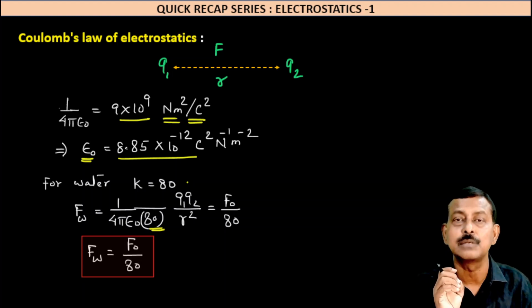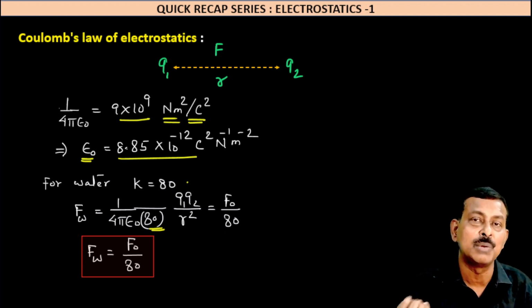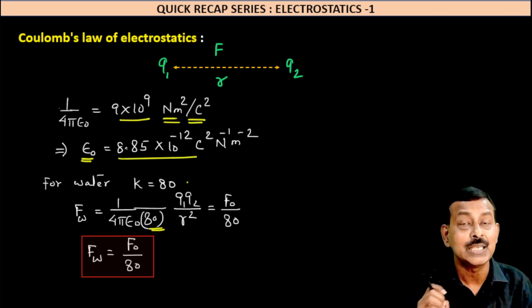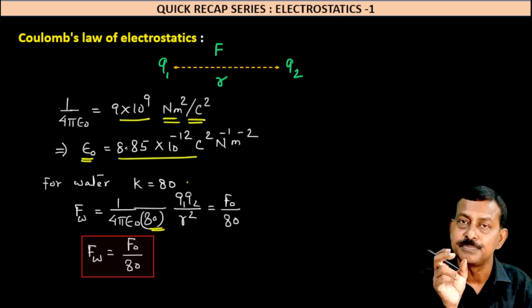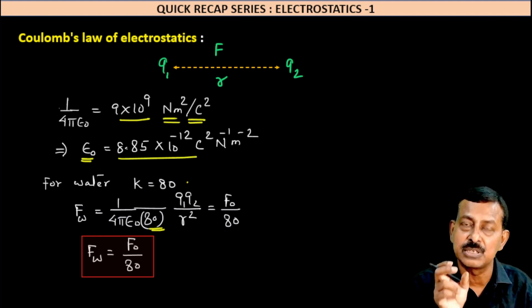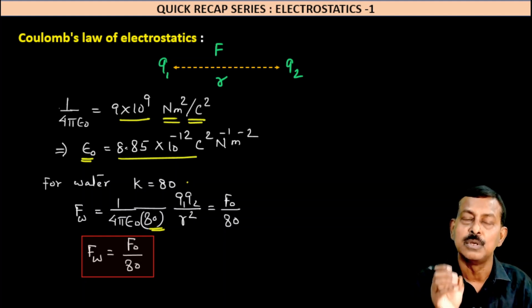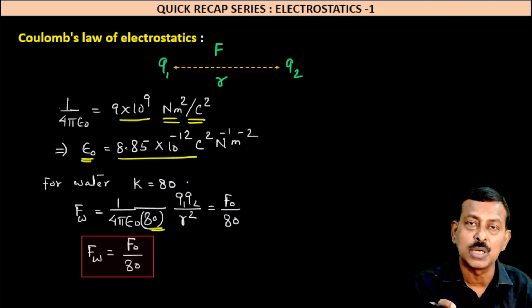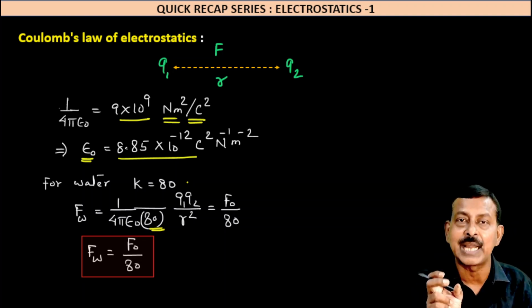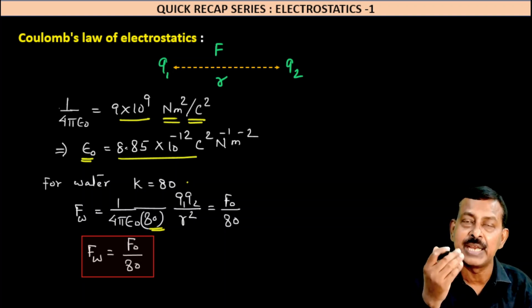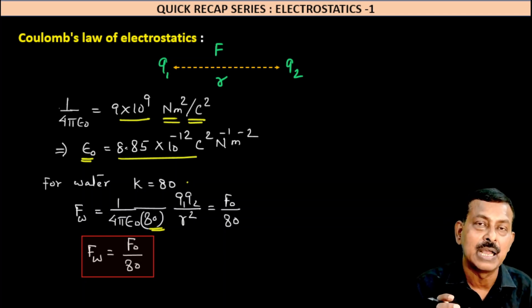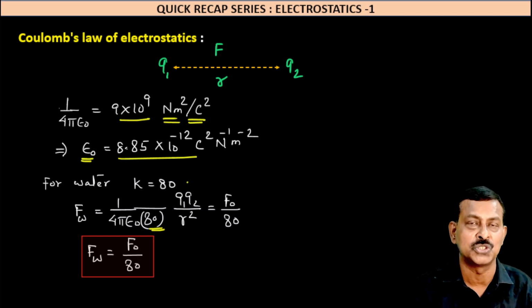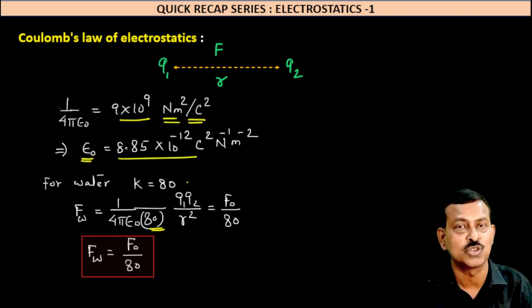Another thing is that electrovalent compounds are easily soluble in water. Why? Because water has a dielectric constant of 80, so if you put electrovalent compounds in water, the force of attraction between their ions becomes 80 times less. So the bond becomes weak, and that is why they easily get dissociated and are easily soluble.